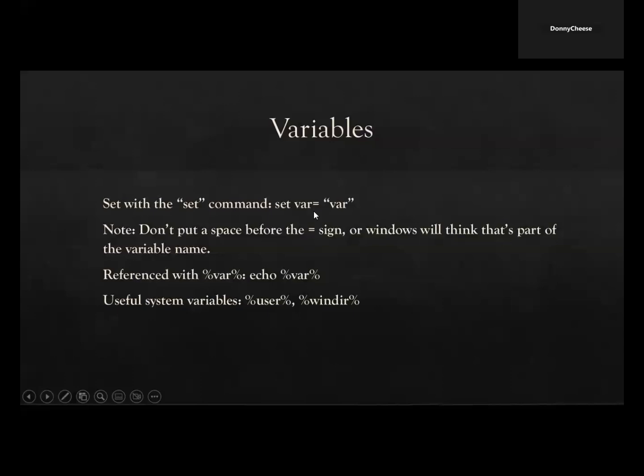This has been an issue for many years, and it's one of those no-fix things that Microsoft is never actually going to fix. But if your script is being funny and not reading a variable properly, check to make sure that you're referencing the variable like that. So set var= instead of set var =.